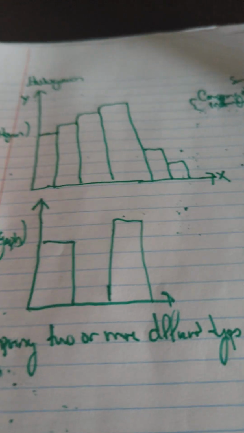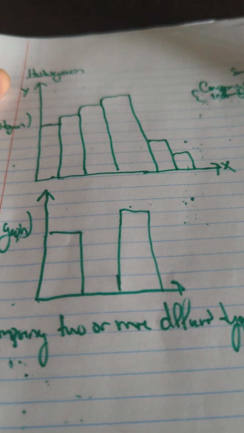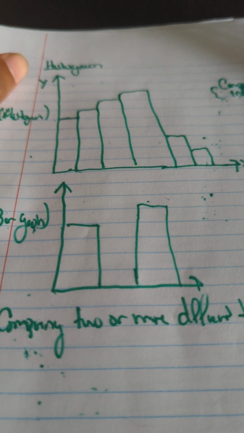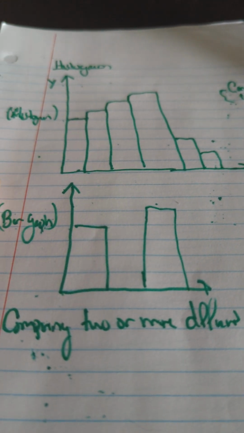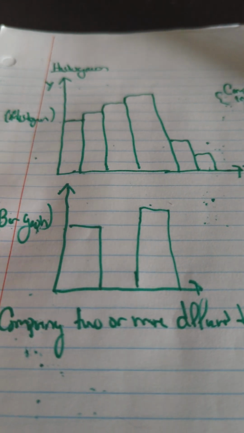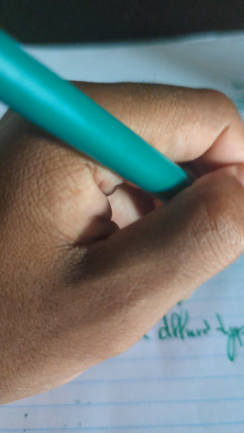Why is it different? In a bar graph, for example, say you did a survey and you asked a class, I want to compare between cats and dogs. You would use a bar graph between cats and dogs.